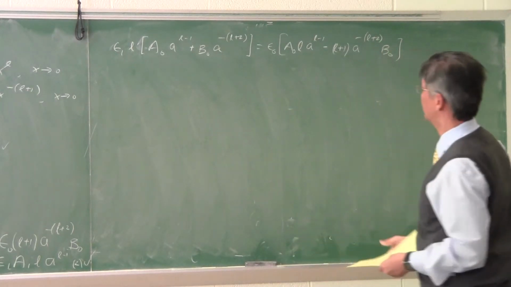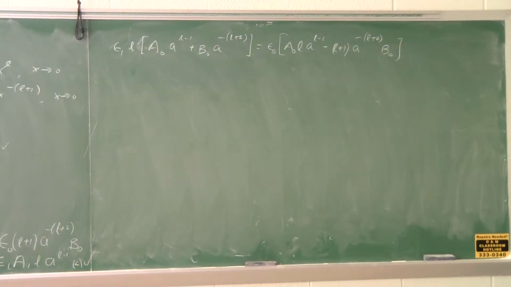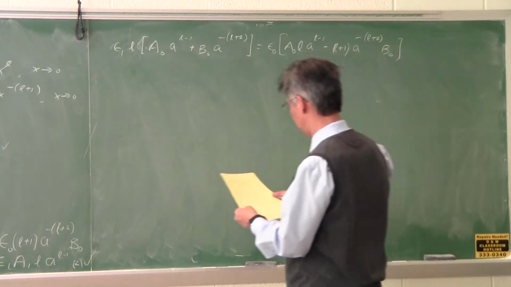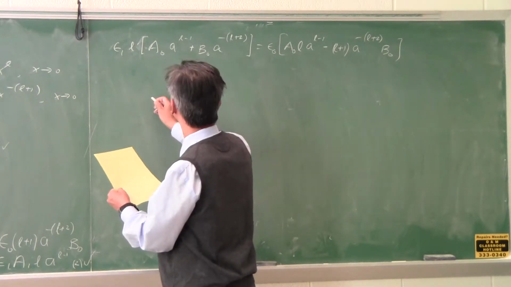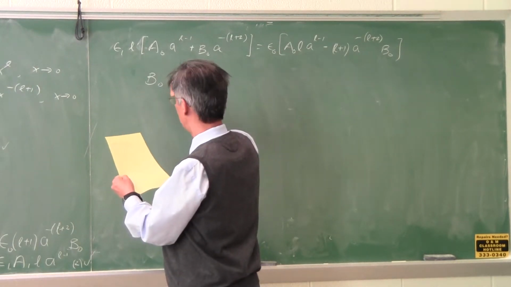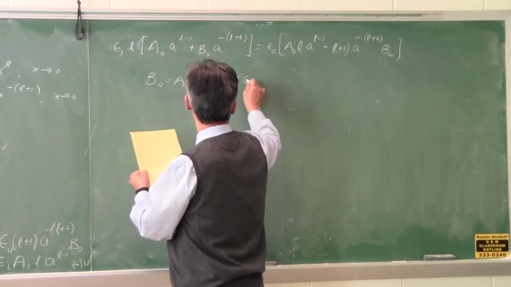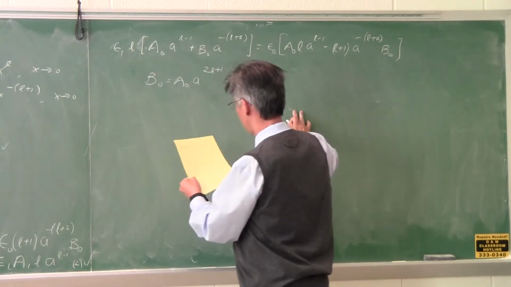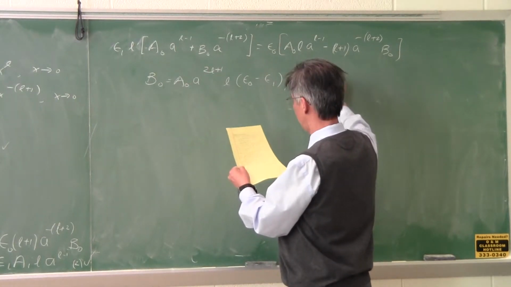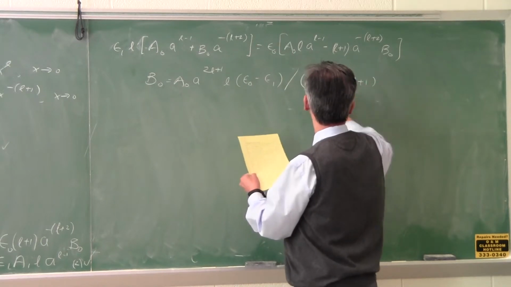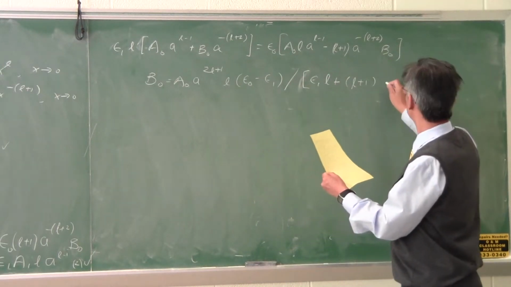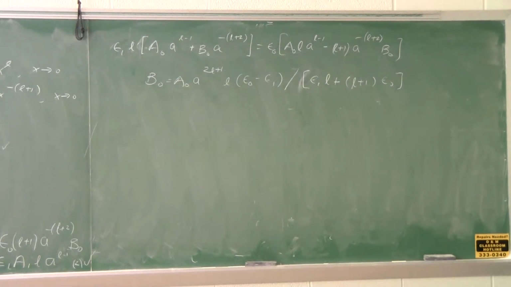I will get left hand side equals right hand side. Now I solve for my B naught. B naught turns out to be A0 a^(2l+1) times l (epsilon naught minus epsilon 1) divided by epsilon 1 l plus (l+1) epsilon naught. You can do that in your head and see that.